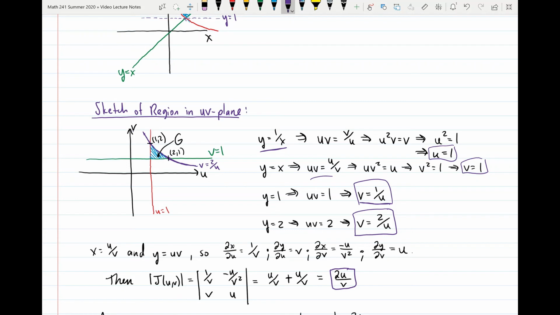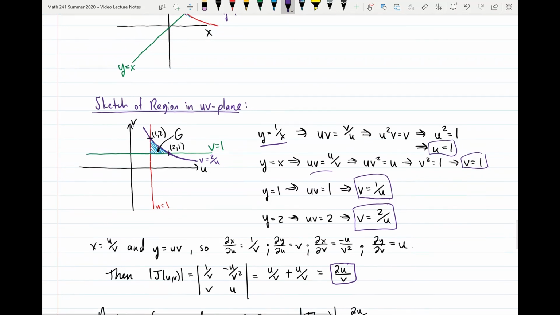I didn't draw v equals 1 over u inside of the UV plane here because it actually didn't add anything to the region we're talking about. But the region now in the UV plane, the region G, is going to be this blue region that's bounded by u equals 1, v equals 1, and the hyperbola v equals 2 divided by u.